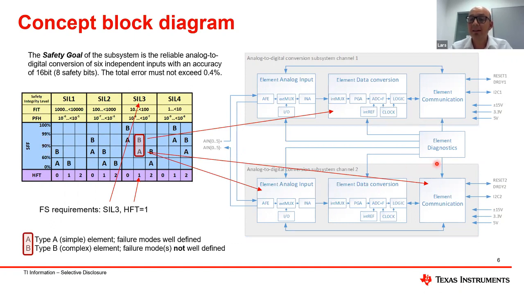Now the element diagnostic is a special one. How to rate that? We know we want to have the SIL3, and the diagnostic is always one SIL level below. So we actually play in the SIL2 area. Now that we have a redundant channel architecture, a 1 out of 2, we can deduct another SIL level.